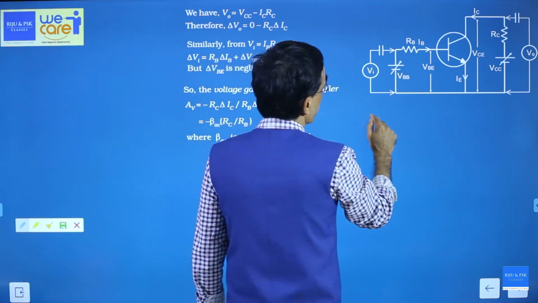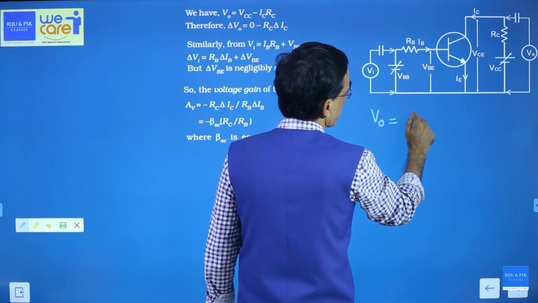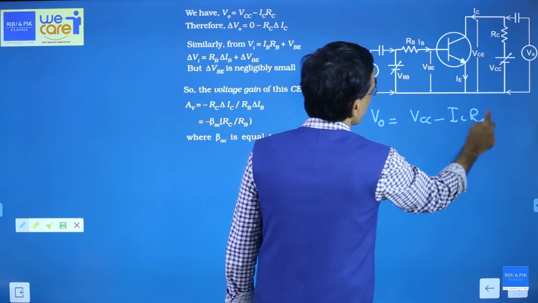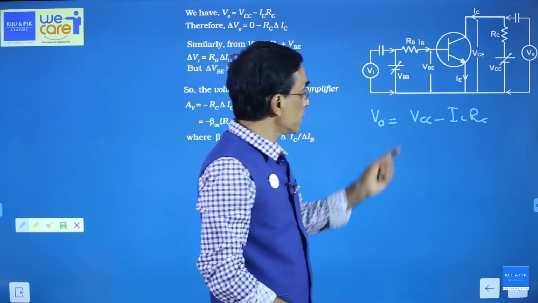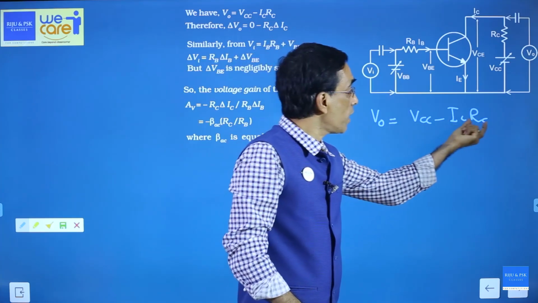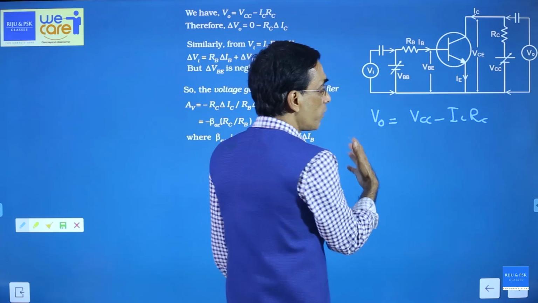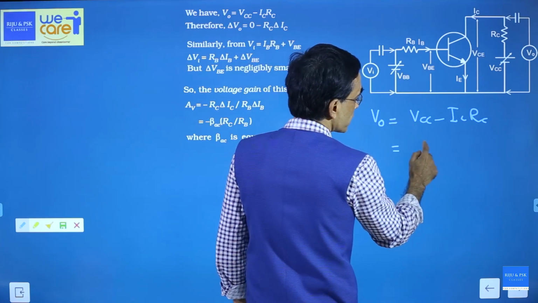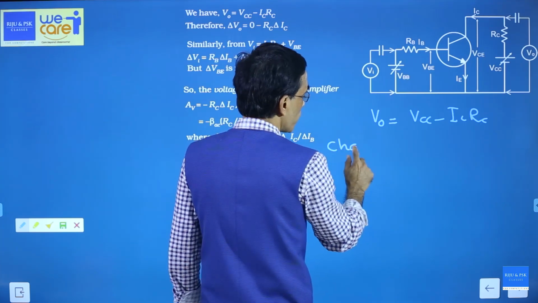So let us write the output voltage. V output is nothing but VCC minus IC RC. Now tell me, out of this, which are constants, which are variables? VCC is a constant, RC is again a constant, only IC is variable. So if I am differentiating it, VCC will not change, I am writing about changes.